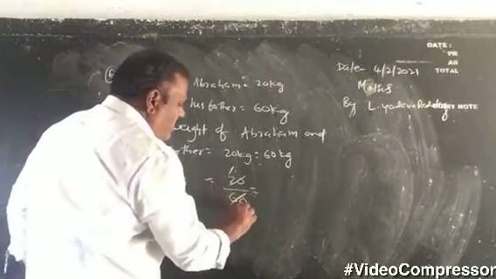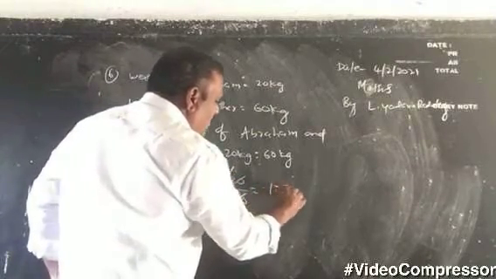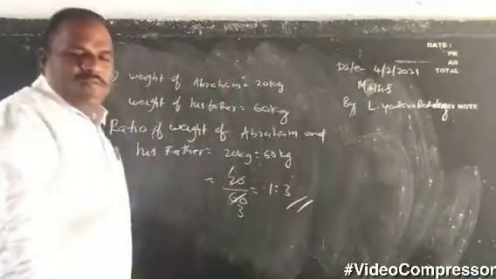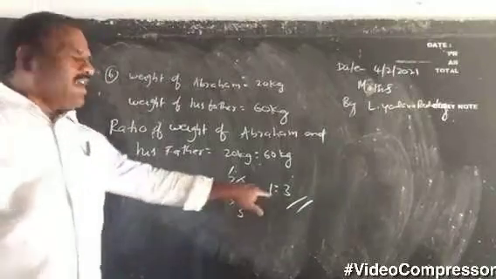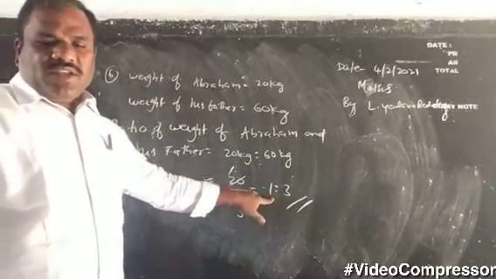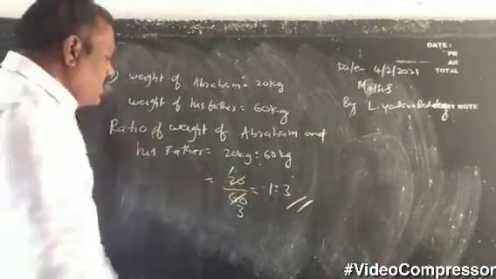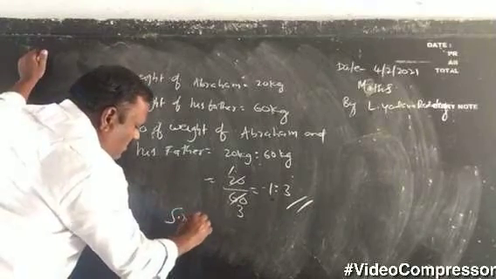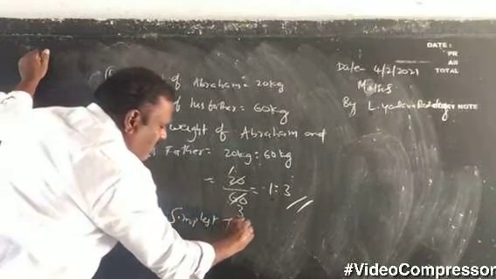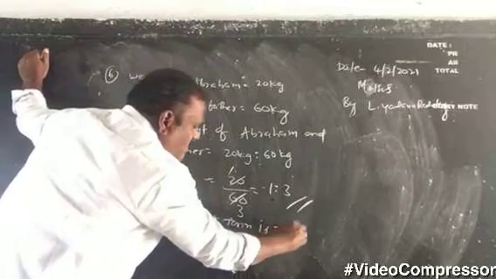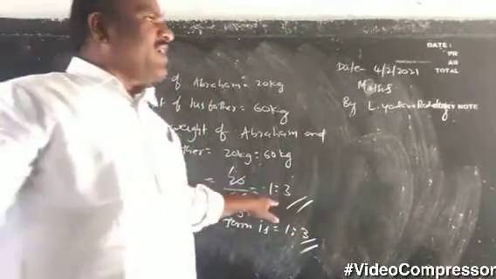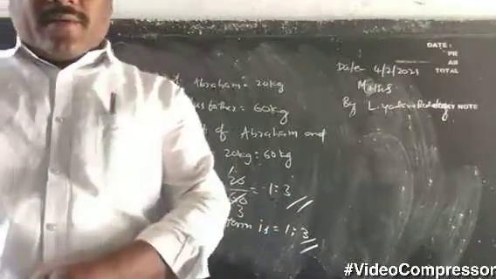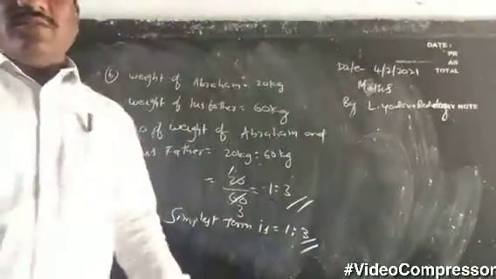Dividing by 20, it is equal to 1 is to 3. The simplest form is also 1 is to 3 because this ratio does not have any common factors, children. So 1 is to 3. Okay, children. This is problem 6.